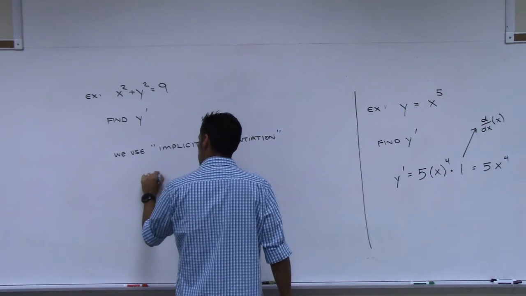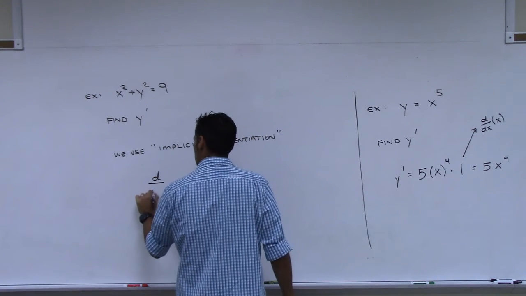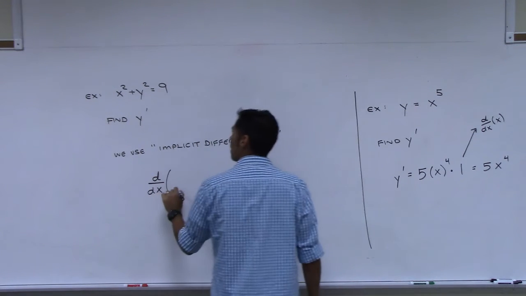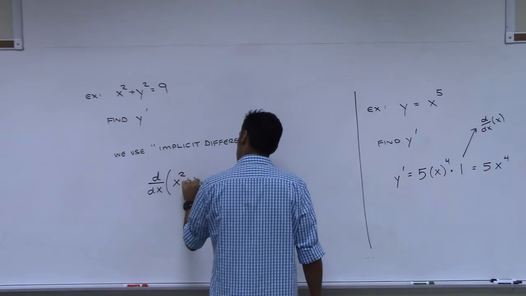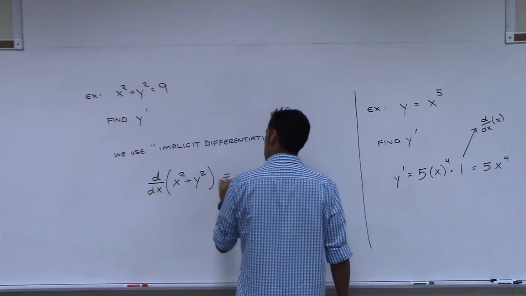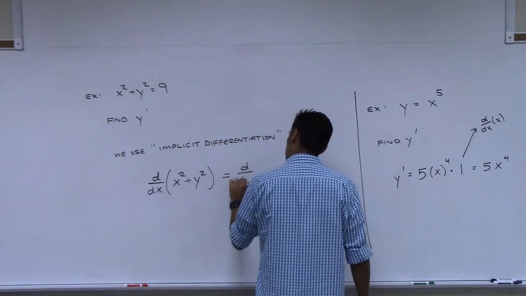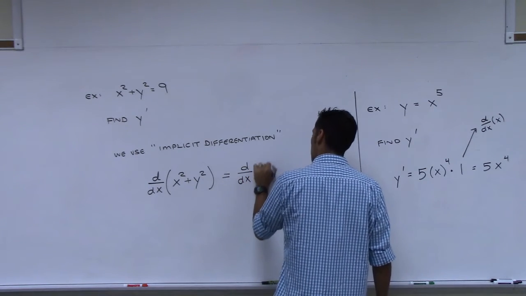I'm going to take the derivative. I'm going to treat x as my variable. And I'm going to take the derivative of the left side. And then equals, then I'm going to take the derivative, treating x like my variable, of the right side.